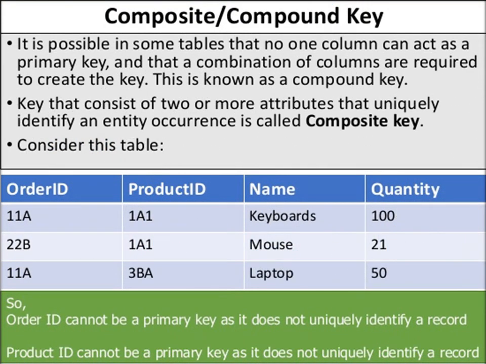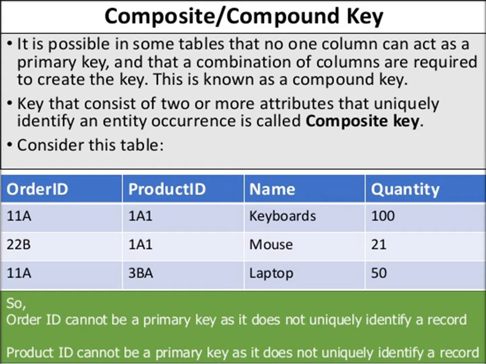Next, composite and compound key. In a relational database you use multiple tables, and sometimes in some of the tables there is not even a single field which can be chosen as a primary key. If we see this table, then if we do not check the values, we will say that order ID or product ID can be chosen as a primary key.